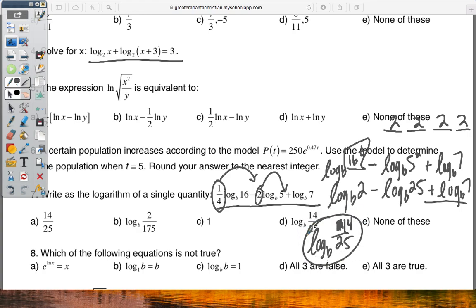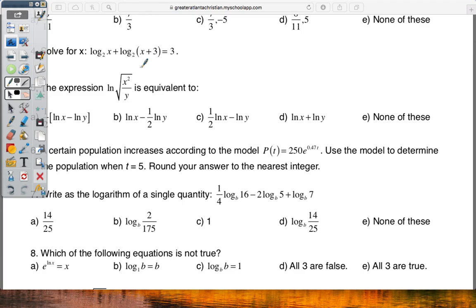So log base b of 14 over 25. Okay? Cool beans. Questions on that? Good stuff. Do y'all want me to do this one on number 4 up here? Yeah. That one's a good one.